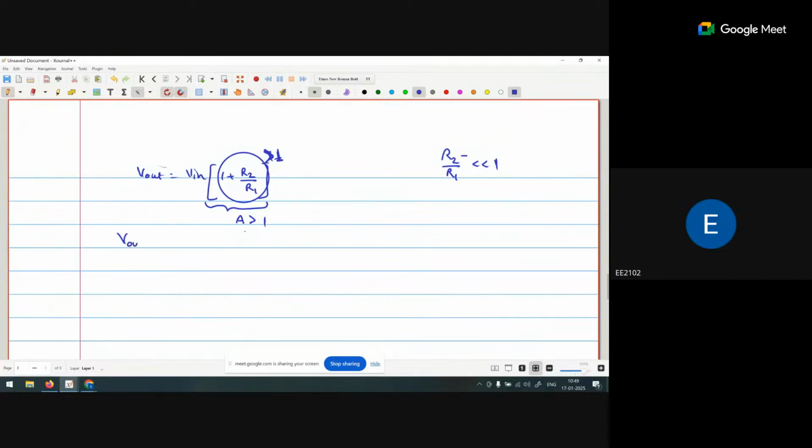So V out is equal to A times V in, with a positive sign and an amplified version.